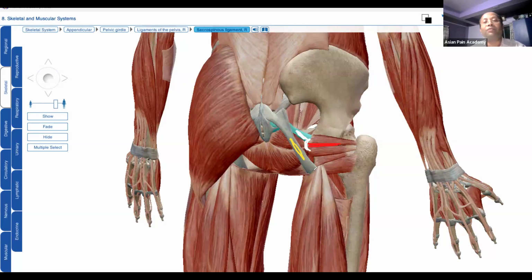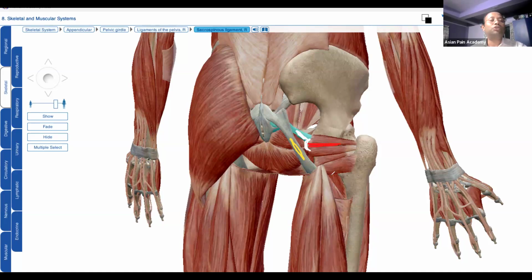This one goes to the sacrum, but from the ischial tuberosity. That's why it is called sacrotuberous ligament. So in the third position we will see the ischial spine, and along with that, the sacrospinous ligament and sacrotuberous ligament. The sacrospinous ligament will be at the same level as the ischial spine. This is position number 3.